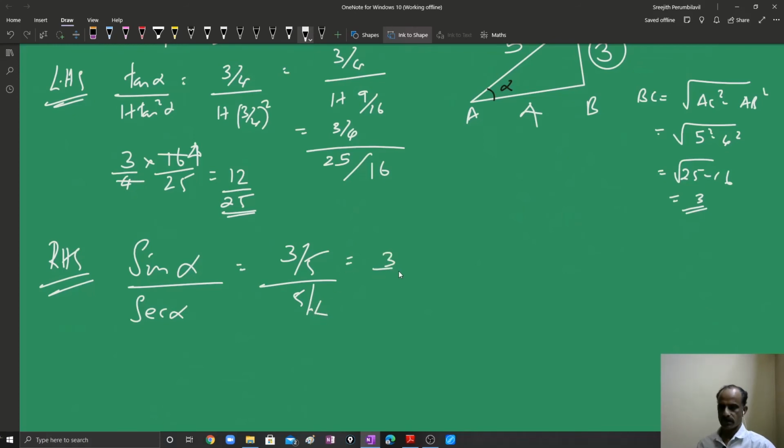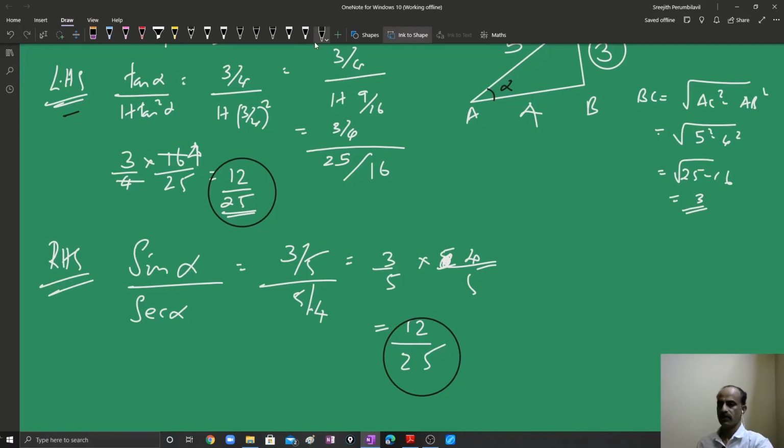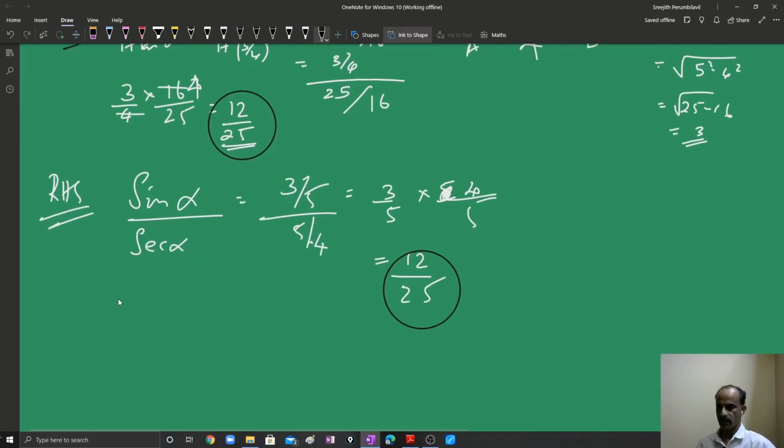So this is equal to 3 by 5 into 4 by 5, that is equal to 12 by 25. So when you look at the LHS and RHS, both of them are one and the same. Therefore LHS is equal to RHS. Verified.